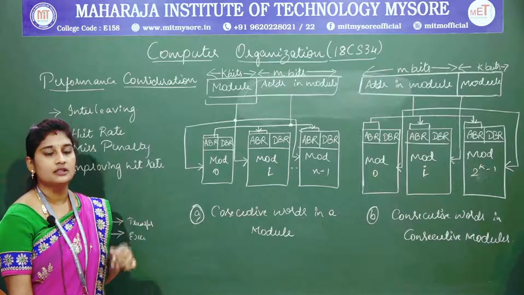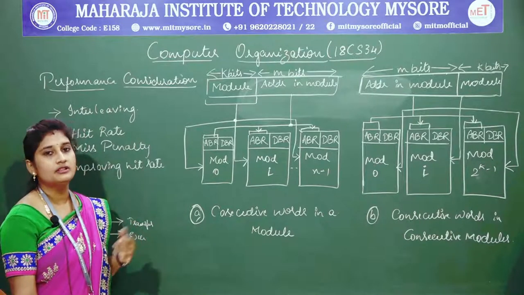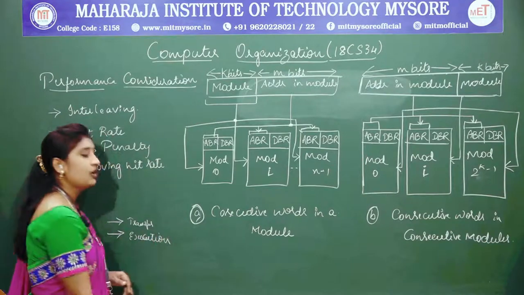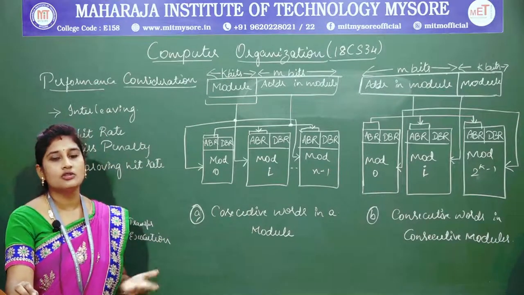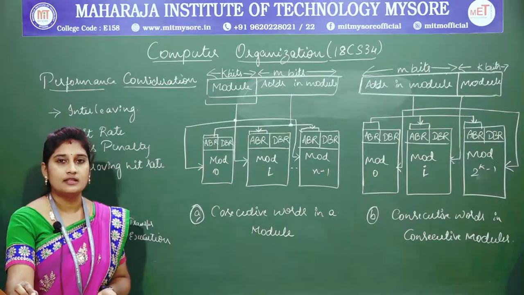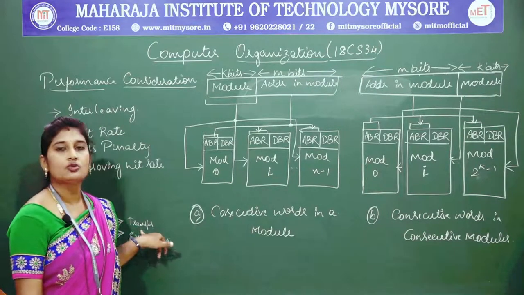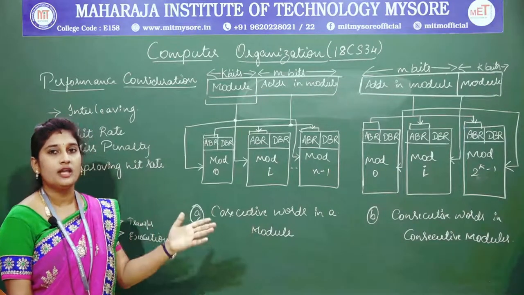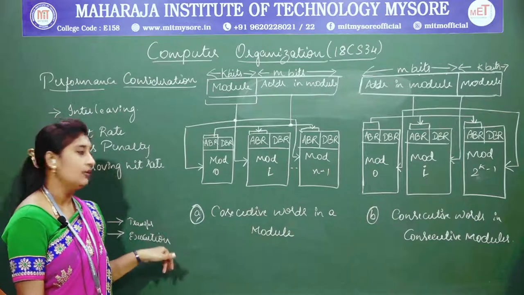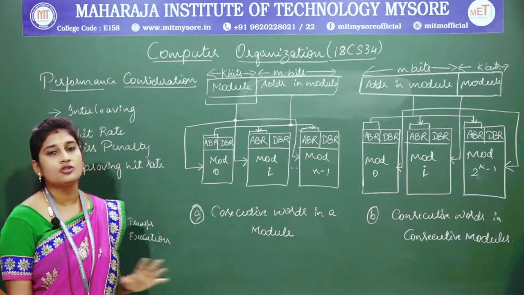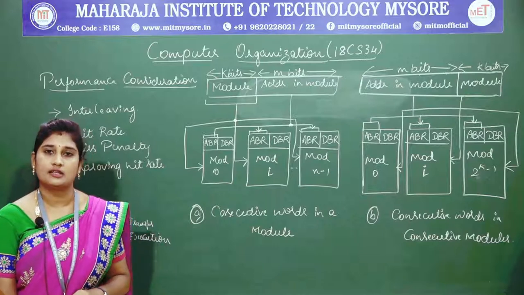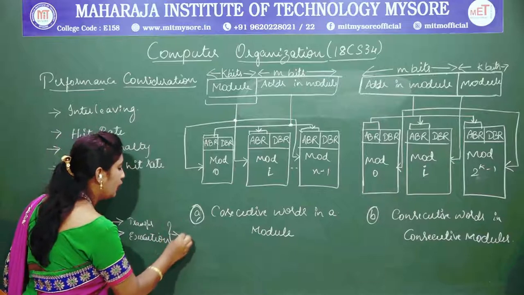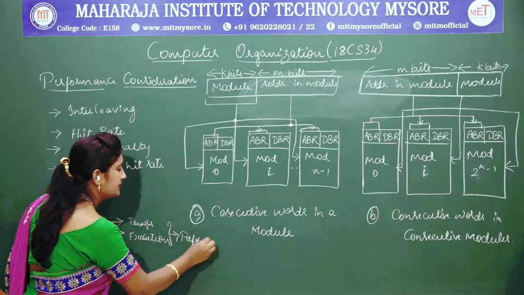The second factor affecting the performance of the system is the execution of that instruction, how quickly the instruction is executed in your processor. Based on these two factors the performance of the system will be considered.